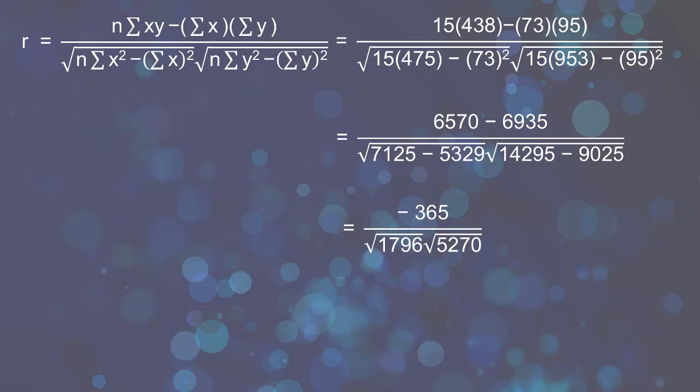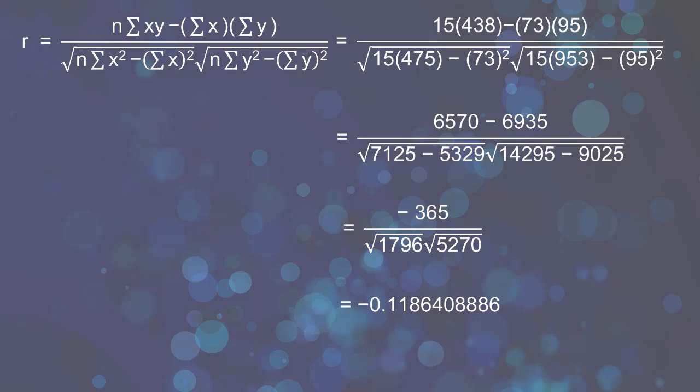So try to enter that into your calculator to see what you get, and we'll see what it is in just a moment. When you enter that all into your calculator, you should get negative 0.1186408886.